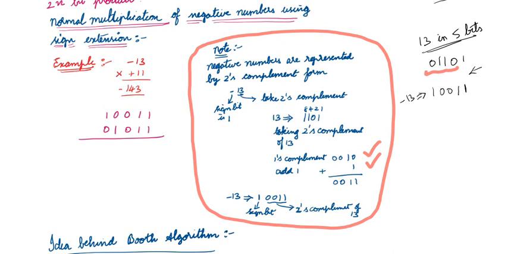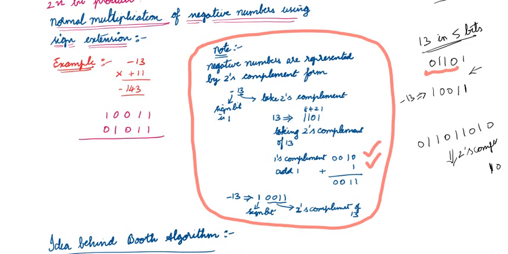Let me give an example. Suppose you have a binary number like this and you are asked to take its 2's complement. There is no need to take the 1's complement and add 1. You start from the rightmost side until you see the first 1 and do not disturb it. We have 0, so we put the 0 as it is. Then we get the first 1, so we put it as it is.